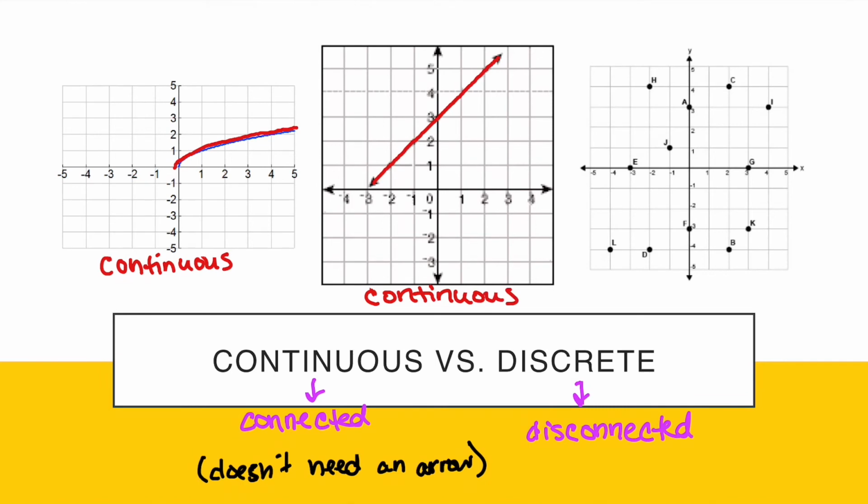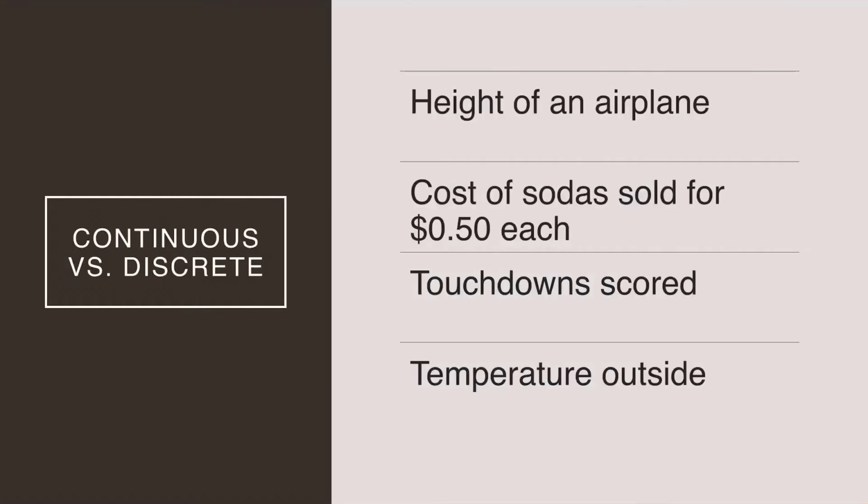And then the last graph, if you notice, it's just a bunch of dots on the graph, and they are not connected. There is no line, so it is discrete. Okay, so from a graph, is there a line or is there not a line?